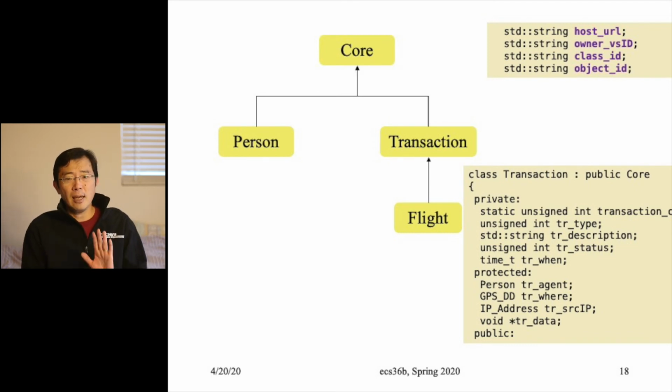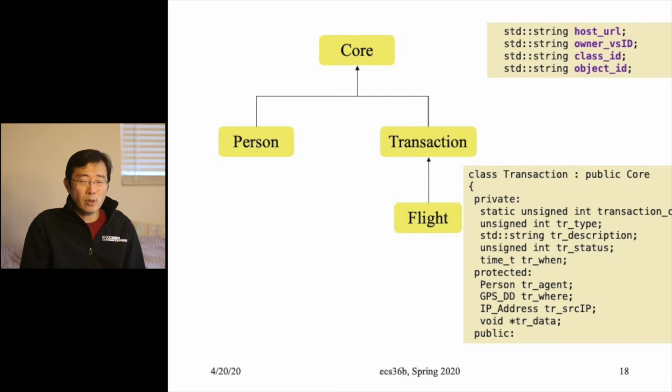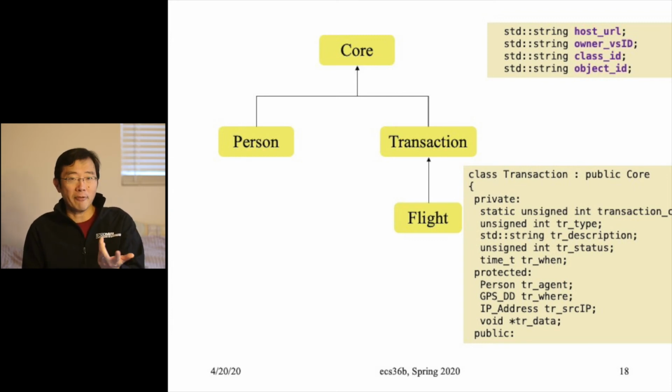The core object has the four attributes I mentioned, and I want to make sure the core object is at the root of the major classes for which I want to implement a shadow object, because in order to implement a shadow object, I have to have this core object. In my implementation, which relates to the tar file I shipped to you, the core object is a parent class of both person and transaction, and is an ancestor of flight as well.